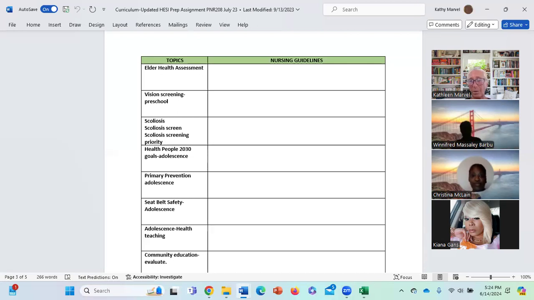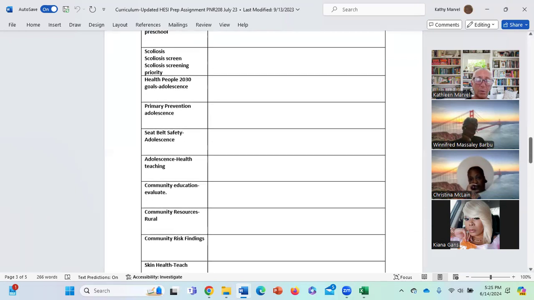Exactly. That's part of a routine screening. This falls under care across the lifespan, right? These are screenings in kids, like vision and hearing, to identify issues early on.